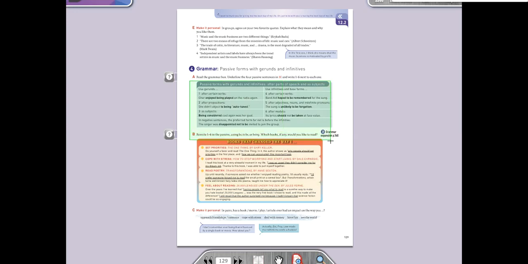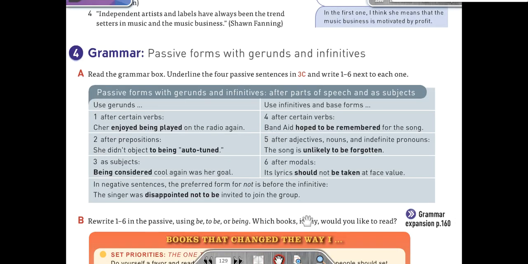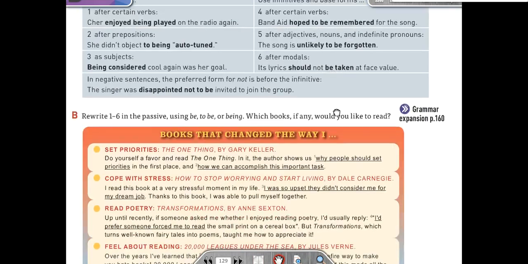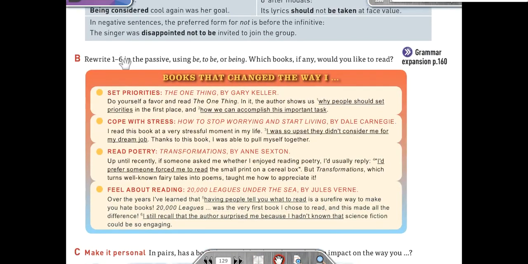Well, I hope that you don't have trouble with this information. And then they say here, rewrite 1 to 6 in the passive, using be, to be, or being, that is, in its base form, infinitive, or in its gerund form, ing. Which books, if any, would you like to read?